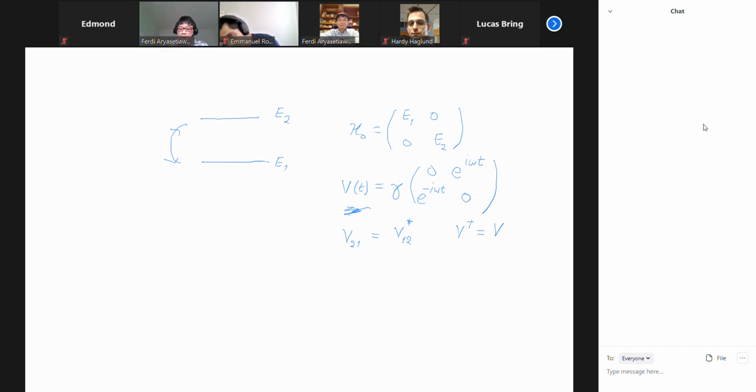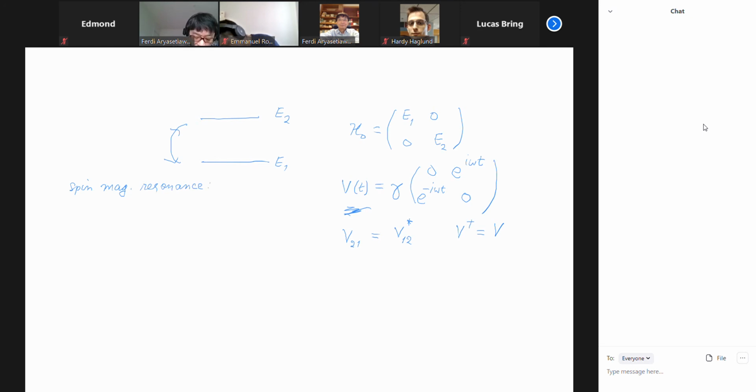So let's illustrate this by some real example. One famous example is this spin magnetic resonance, just to illustrate why we have this type of Hamiltonian.